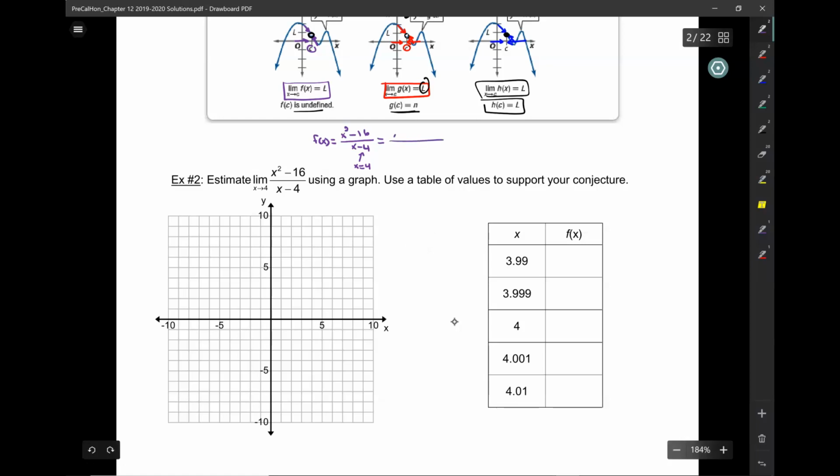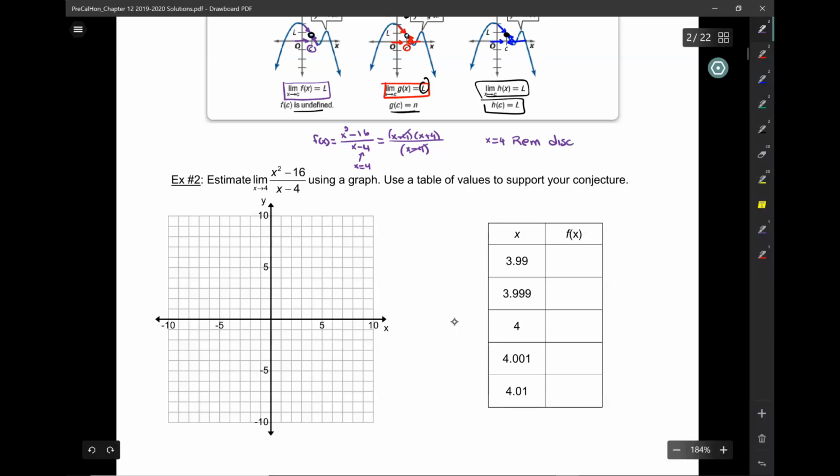Well, let's see. If I factor the top, I realize that the top can cancel with the denominator. And so because this cancels, what do I know? I know that x equals 4 is a removable discontinuity.